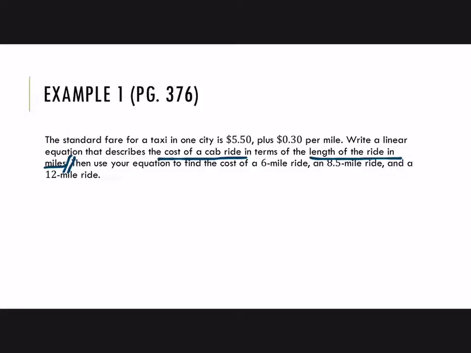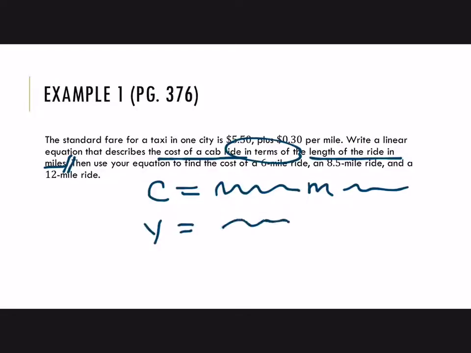Anytime you have this phrase "in terms of," that means we want to describe the cost, or have cost equals, and then instead of a number we're going to have some sort of an algebraic expression that has a variable to represent the number of miles in it. If we saw "write y in terms of x," that would mean write y equals a whole bunch of stuff with an x in there. So that's what we're looking for.